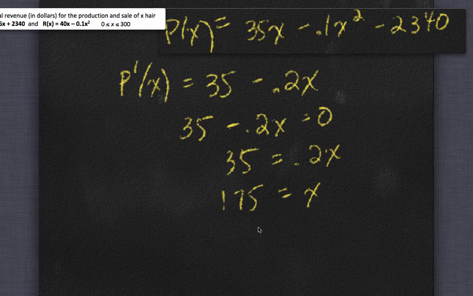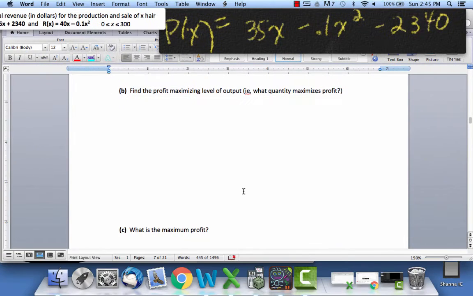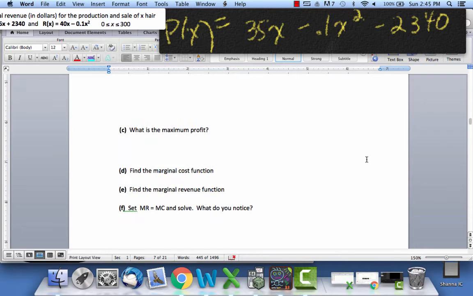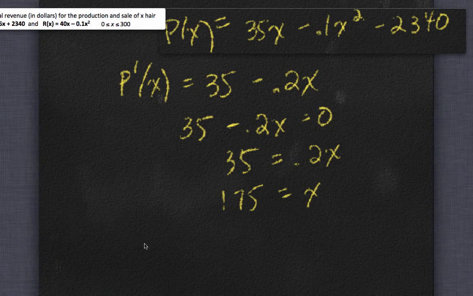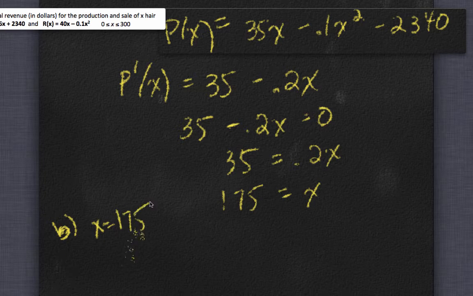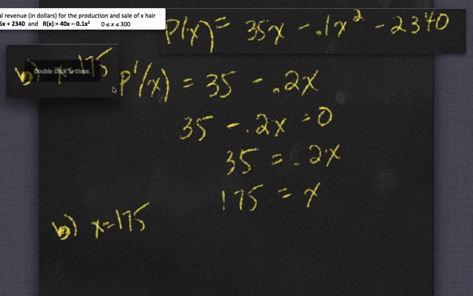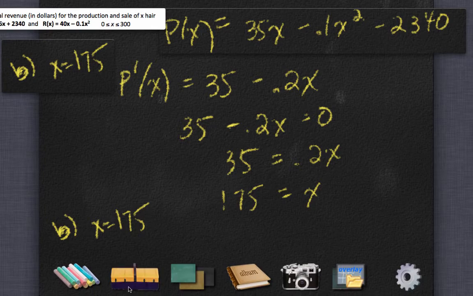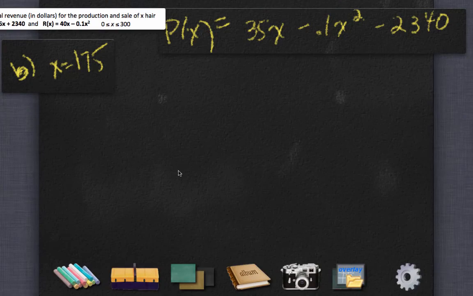So 175 is the number we should sell to maximize profit. So that's the answer to part B, is 75. For part C, we want to come back and plug in. So we have part A. Oh, sorry, this is part B. So then the maximum profit.